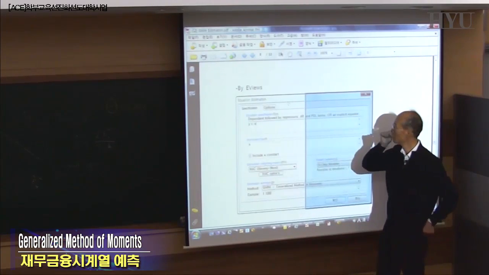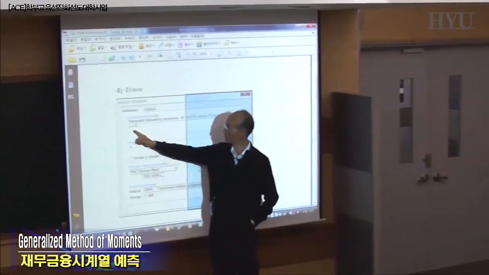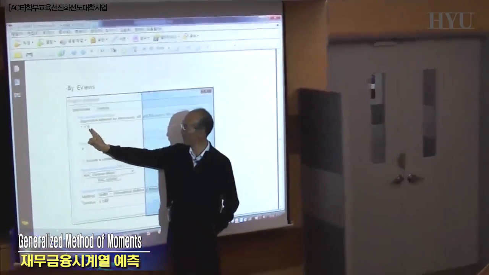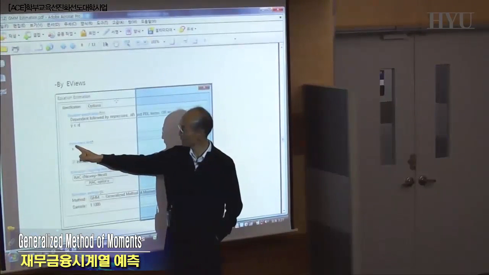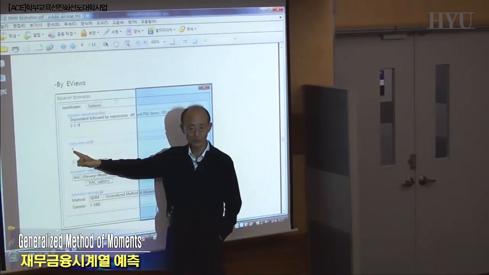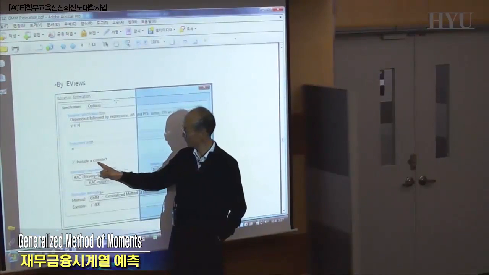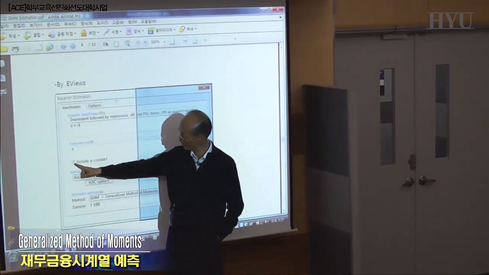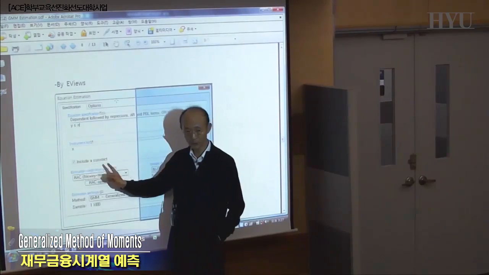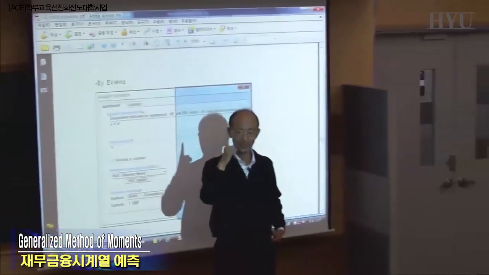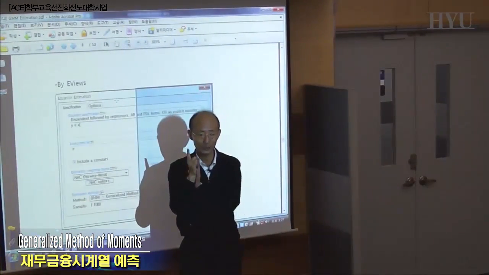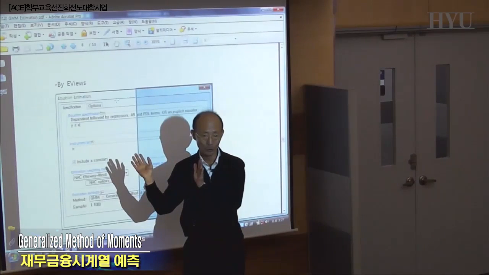So later you can read this help file and see if that is allowed. In this simple case, y on x, and it asks what is the instrument? Here is a check mark, include a constant. So one constant is always included in GMM as an instrument.